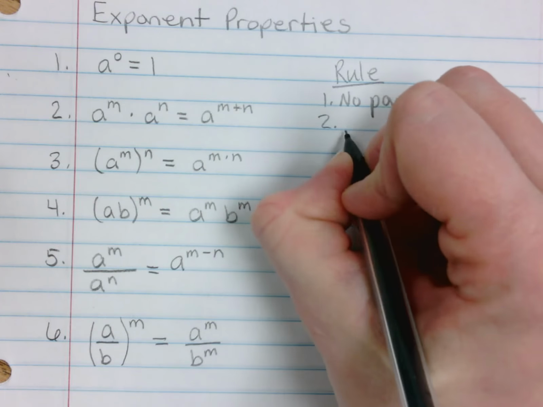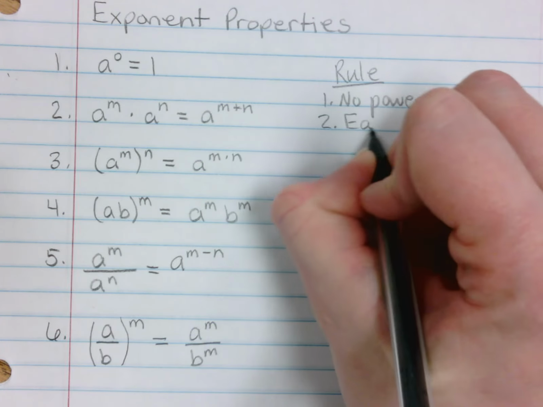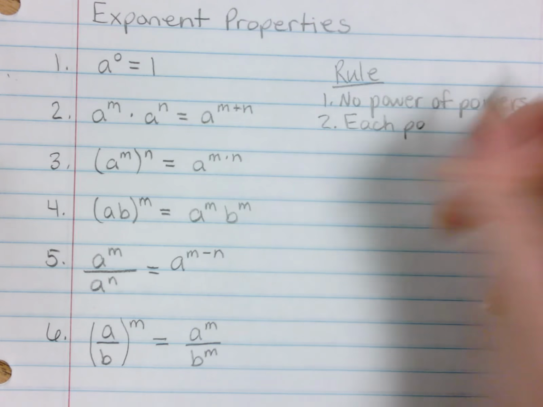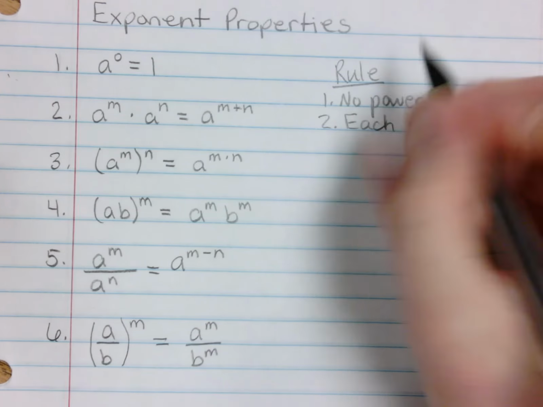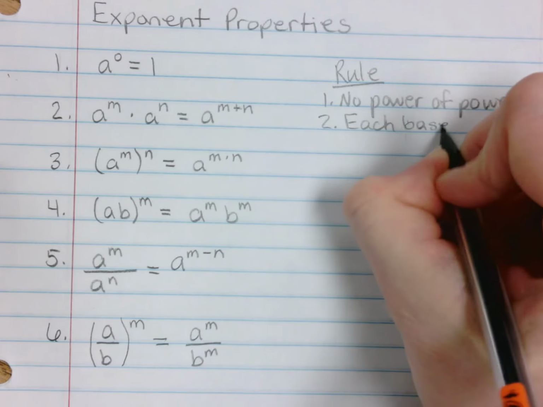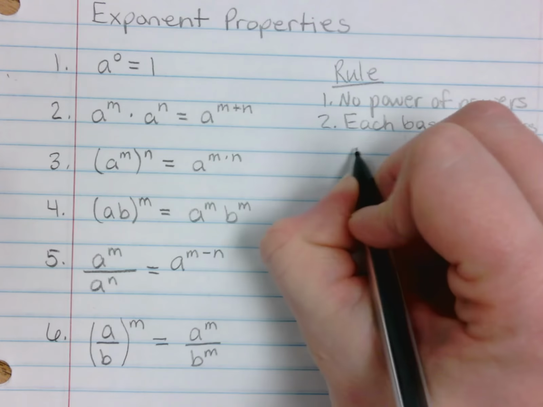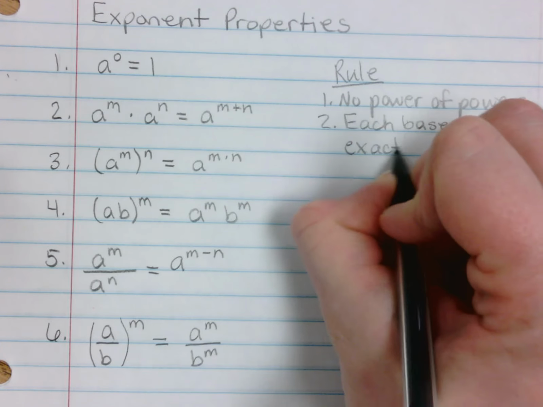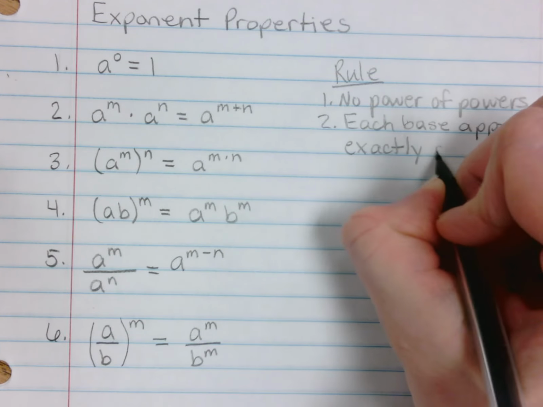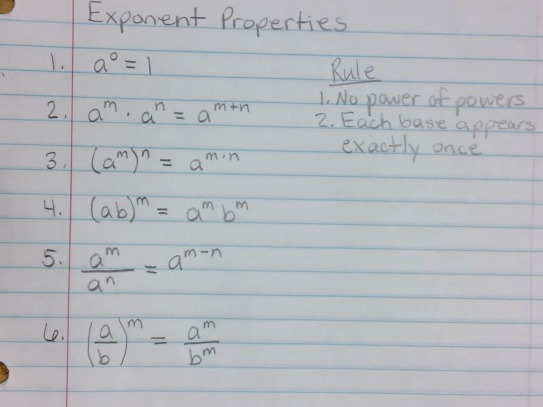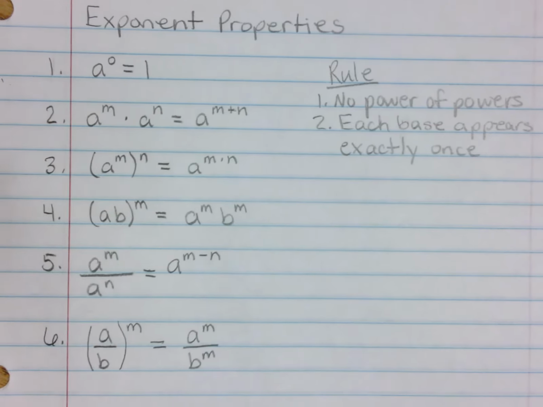Another rule is that each base appears only once. So when each base is only going to appear once, we can see that we have some properties to help take care of that.